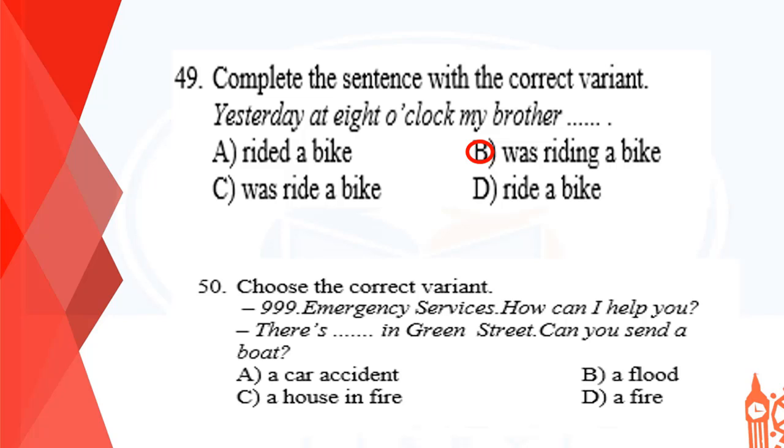There is something in Green Street. Can you send a boat? As you understand, you need a boat. Now tell me, do we need a boat in case of a car accident or a house fire? A fire? Of course, the correct variant is B.